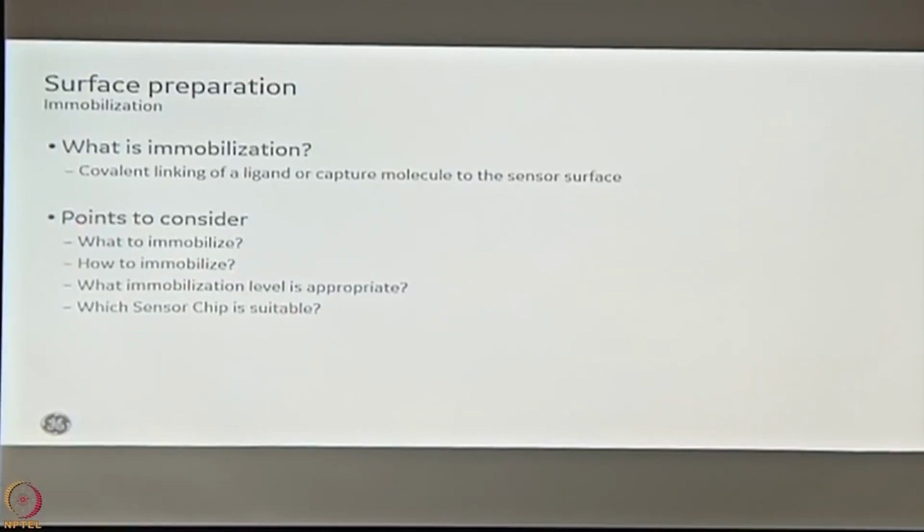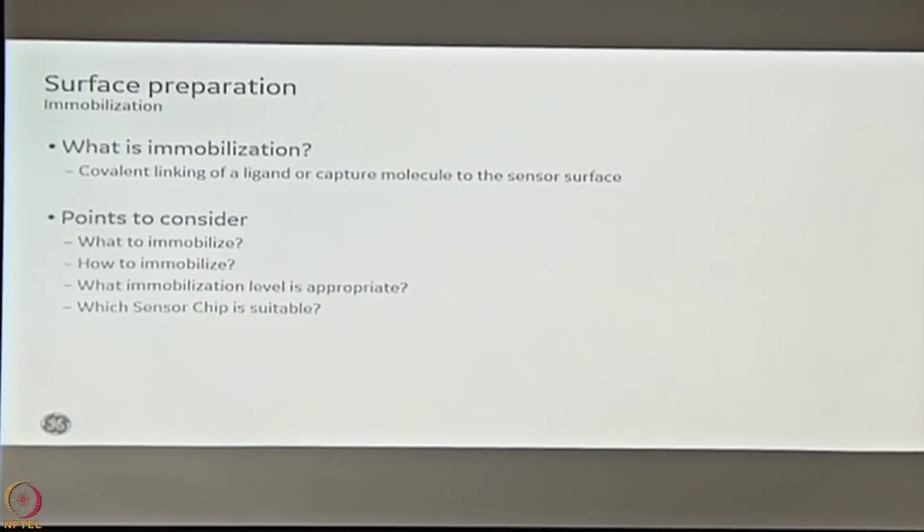So, points to consider: first, which one you would like to immobilize, then how you would like to immobilize, which chemistry you are going to use, whether you are going to use the direct binding approach or the indirect binding approach, all these things, right. What is the immobilization level you would like to use, okay, because different applications require different immobilization techniques and amounts, right.